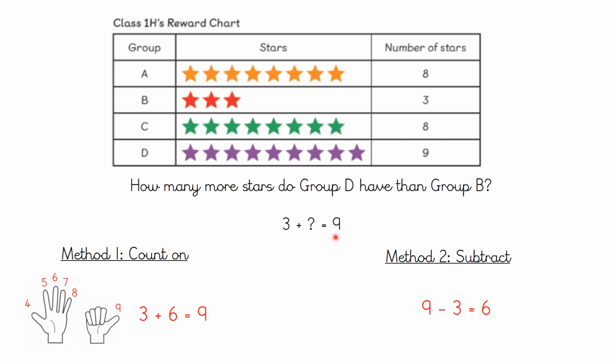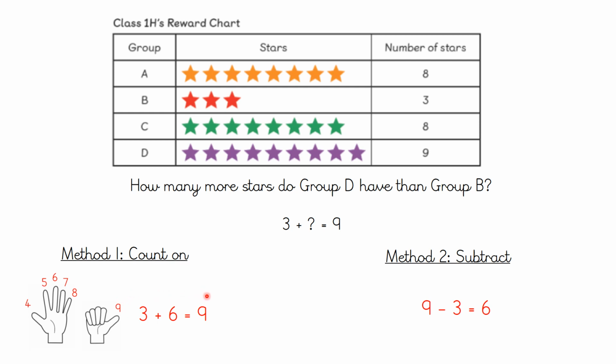There are 2 different ways we can figure out this missing number sentence problem. We could count on. Starting at 3, how many jumps would it take to get to 9? Starting at 3, we could say 4, 5, 6, 7, 8, 9. We used 6 fingers to get to 9, so we can say 3 plus 6 equals 9.